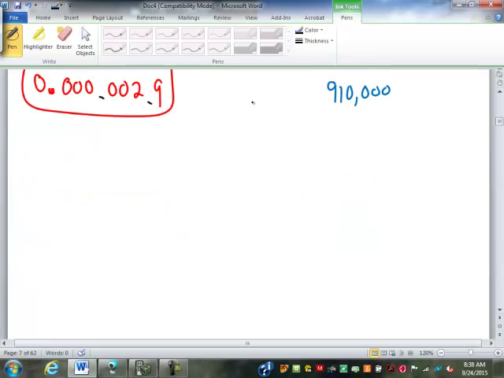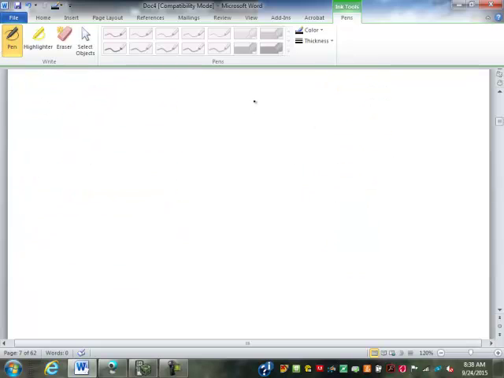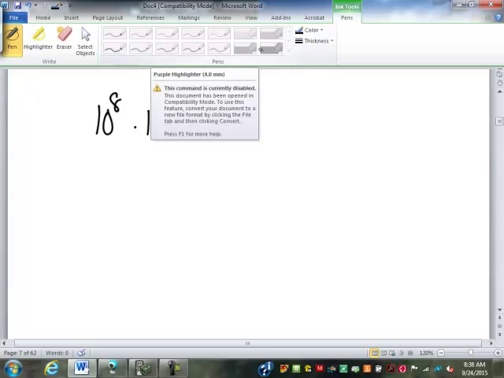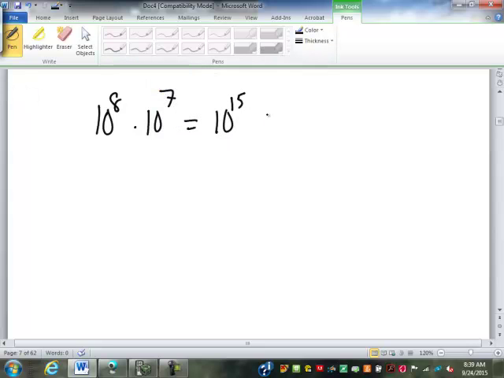Well, some of the other things we did, we worked with those powers of 10. We had 10 to the 8th times 10 to the 7th, which is going to give us what? 10 to the 15th. When we're multiplying exponents, the shortcut is that the powers are added.